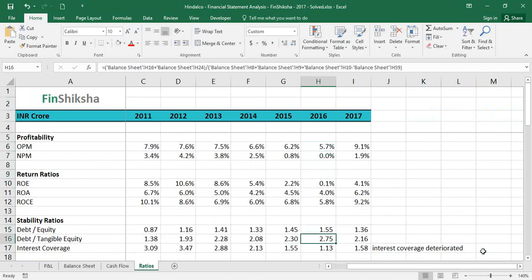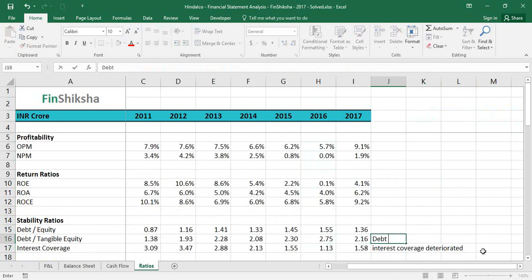So obviously there's very little money that you're making. Debt has increased, right? And that's possibly because the company did expansion using all this debt, has not been able to repay considerable amounts of debt, but nevertheless has not done well over these years. It's just started improving its performance a little bit, right?